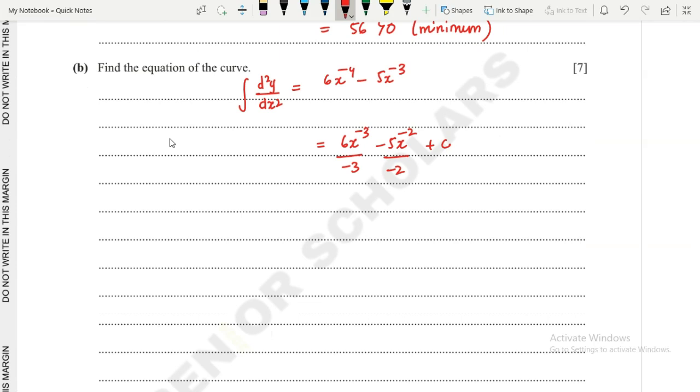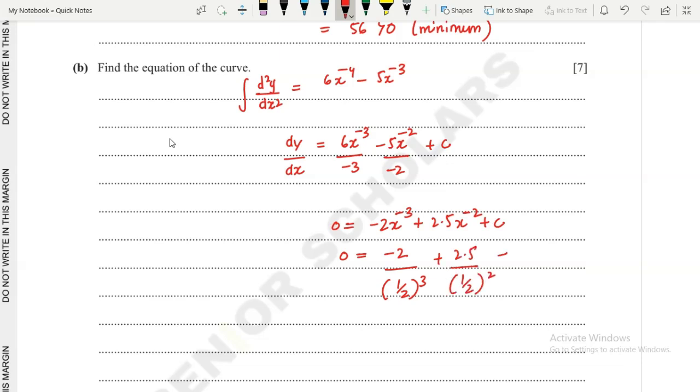Now they have given us that this is the minimum point, this is your dy by dx, so you can just equate it to 0. Just simplify this, so it is going to become minus 2x^-3 plus 2.5 into x^-2 plus c, and let's just do this. So minus 2 over half power 3 plus 2.5 over half power 2 plus c.